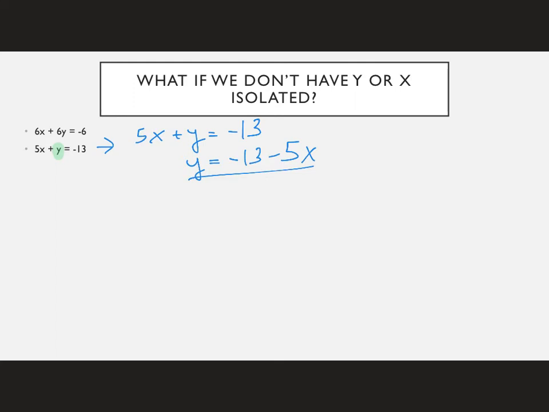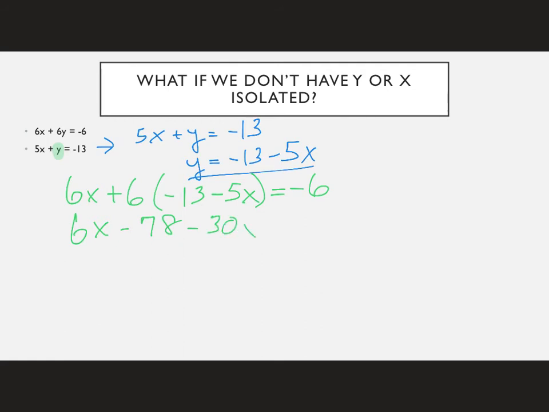So I have 6x plus 6 times y, which I said was -13 minus 5x, equals -6. We use my distributive property. So I get 6x minus 78, which is 6 times 13, minus 30x equals -6.